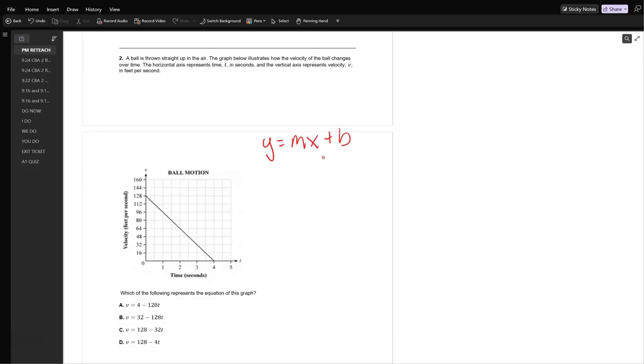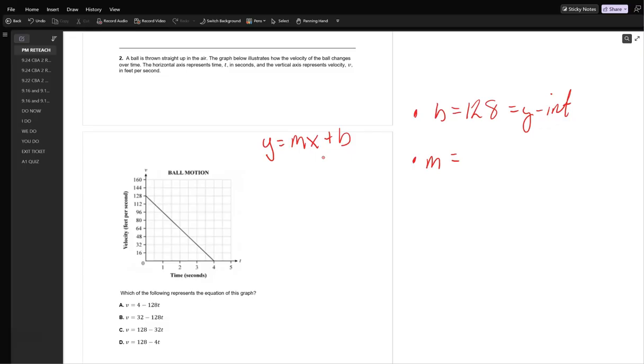So we can identify immediately the intercept is 128. The y-intercept. So that's important. The next thing is m, which is the rise over run.